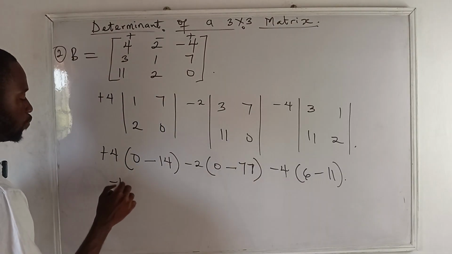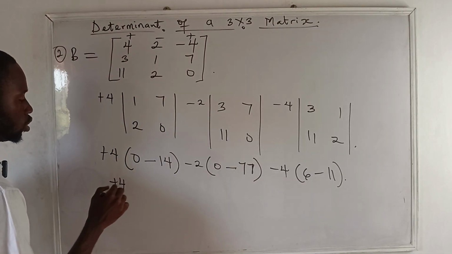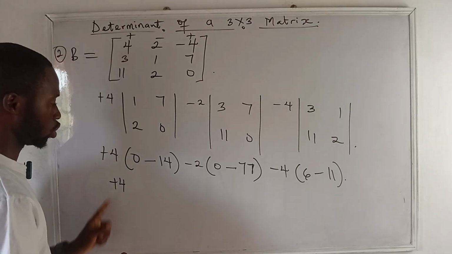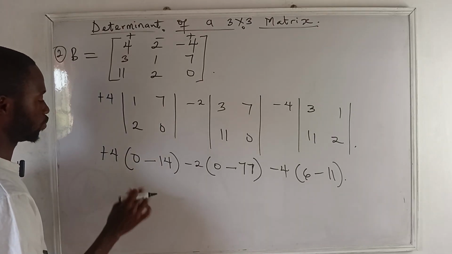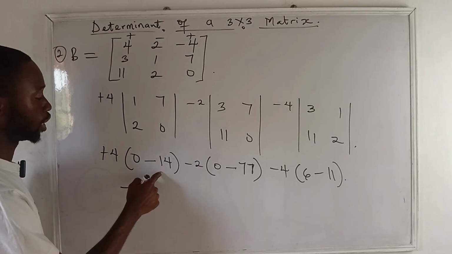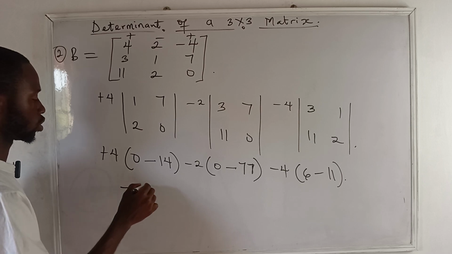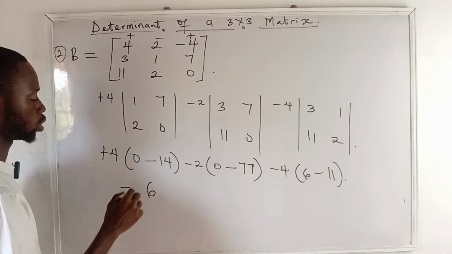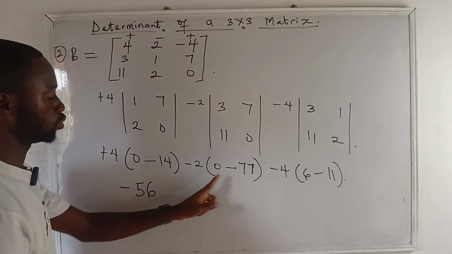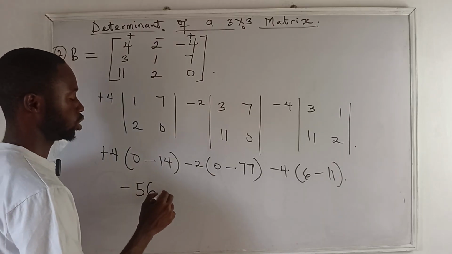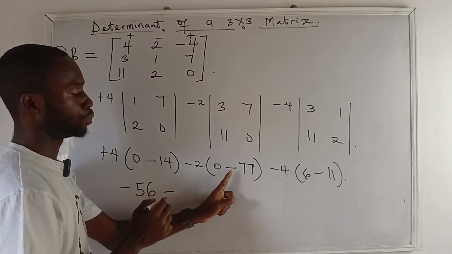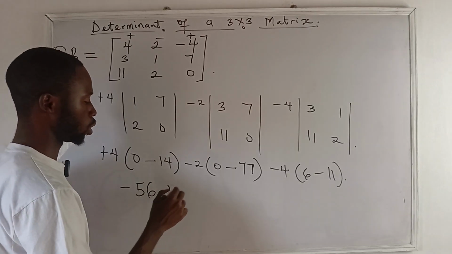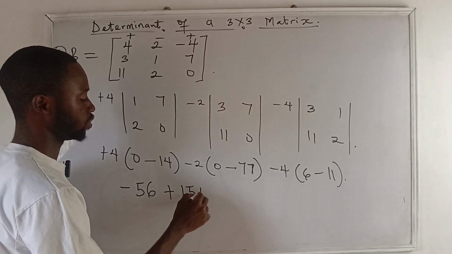So we would have plus 4 into minus 14, that is 4 times minus 14, which will give us minus 56. Then we have minus 77 multiplied by minus 2, that will give us plus 154.